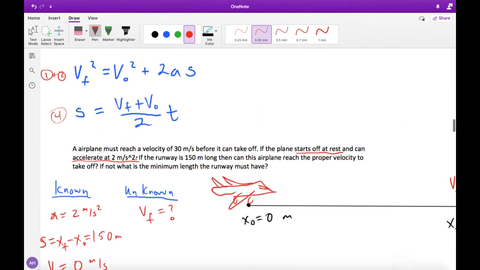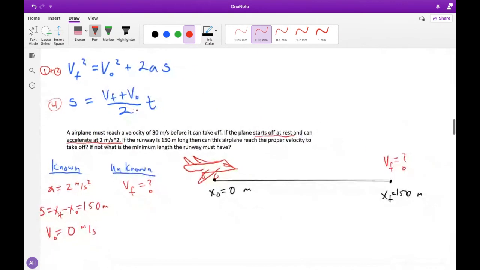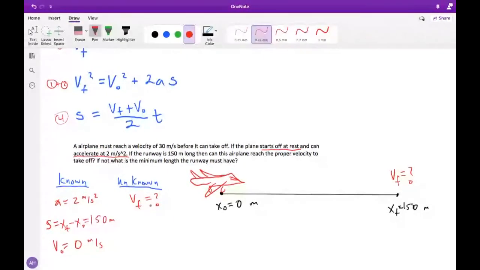So if we look at our equations of motion, we want an equation that can solve for v final that has acceleration, displacement, and initial velocity.